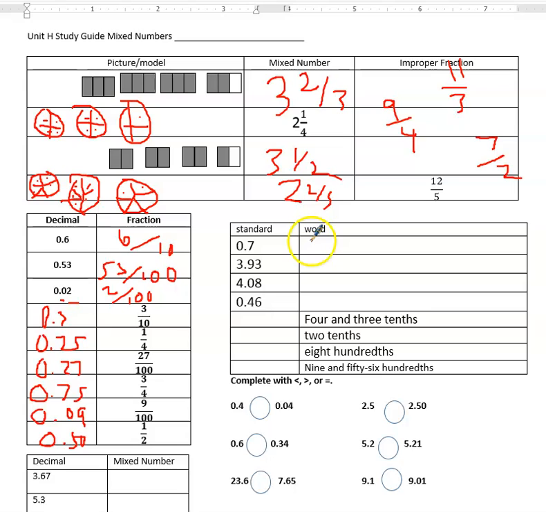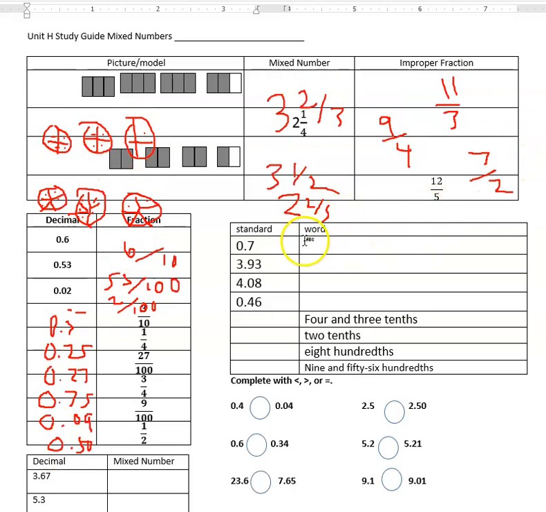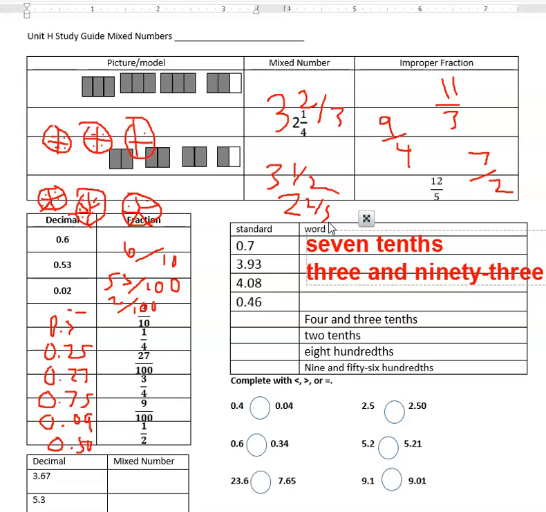Coming over here to write these in Word. See if it'll let me type. So my first one, I just type exactly the way I say it. 7 tenths. 3 and 93 hundredths.